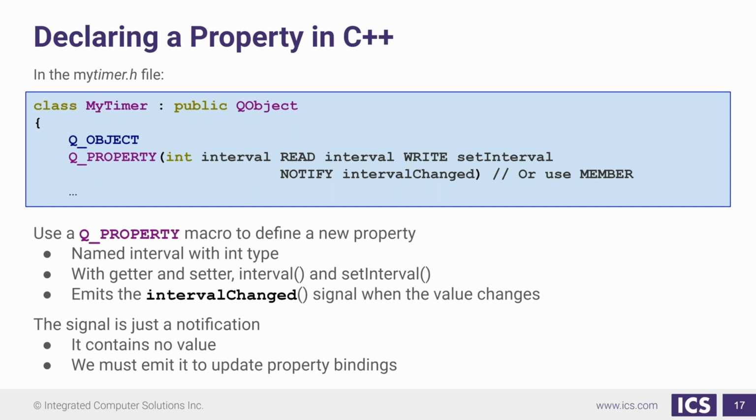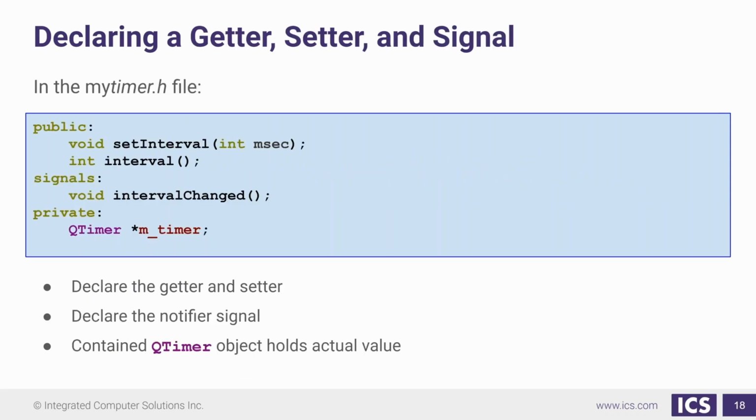Now, this might sound a little confusing, but if we look at our example, we've provided an interval property. Here, we have an interval, we have our read and our write, those are setter and getter, and we have our notify. Now, the next thing that we're going to do is we're going to put in our public our setter and getter, and we're going to declare our signal that we've named.